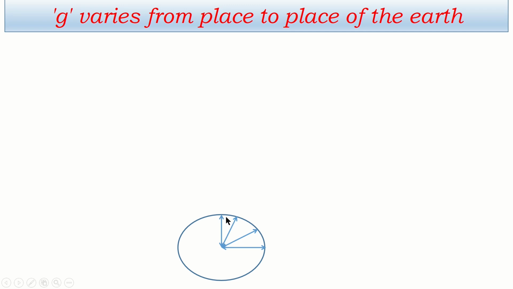Radius is increasing from the pole to the equator, and if the radius is increasing, the value of g goes on decreasing and becomes minimum at the equator. So g varies from place to place on the earth, and the conclusion is g is more at the pole and less at the equator.